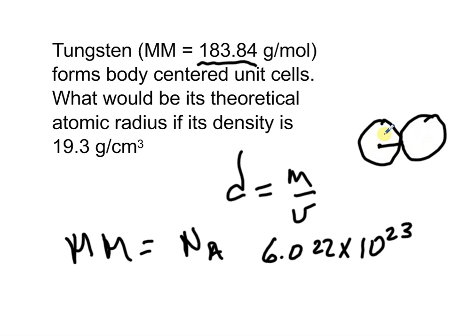So that would be the definition of atomic radius, and we can remember that we normally use the unit picometer, which is defined as 10 to the negative 12 meters, but remember that a centimeter is 1/100 of a meter, so that would give us 10 to the negative 10 centimeters per picometer.